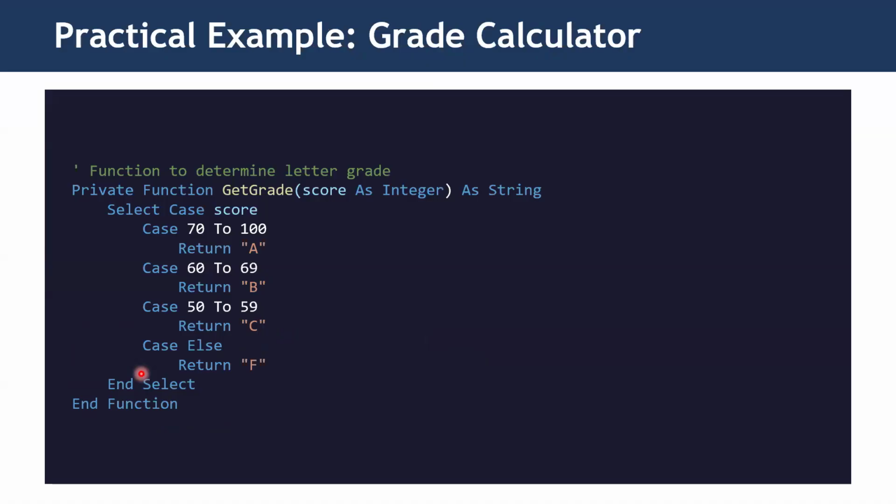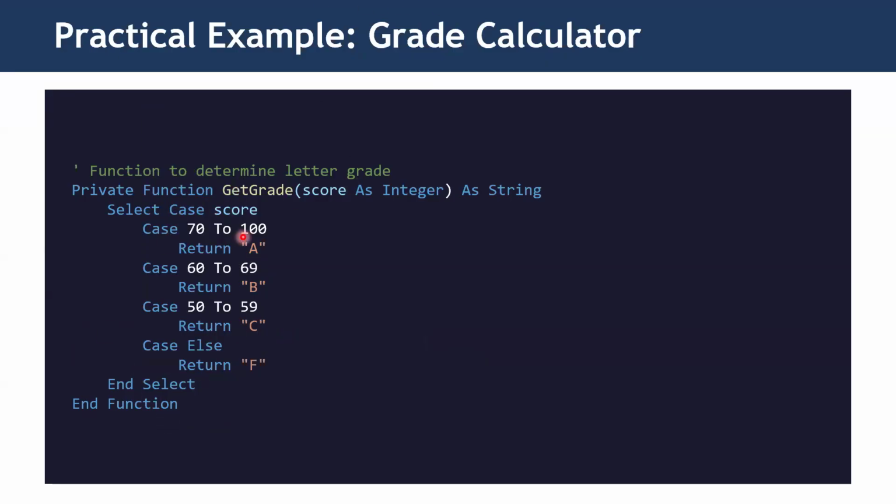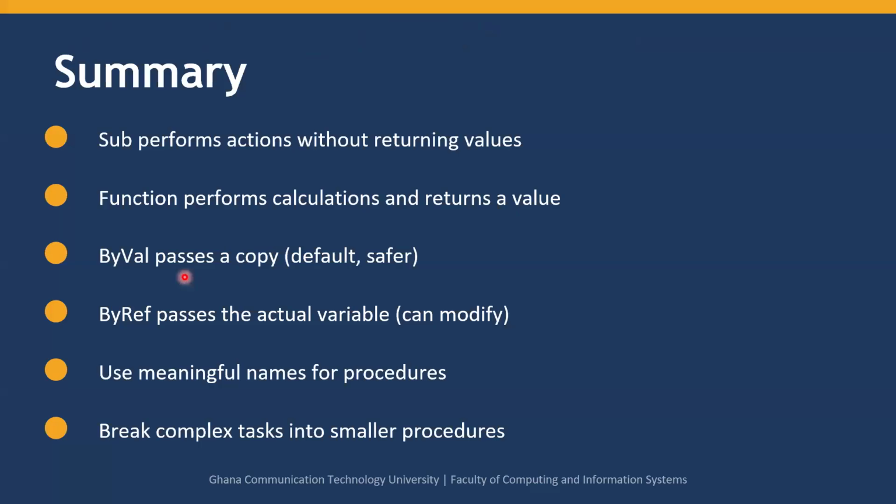This is an example of a grading system function. So here I have a function for grading system. You put in the person's score, and then the function will determine the grade point of the student and display the grade point to the person. So this is an example of that. This is a quick walkthrough of what we have done today.